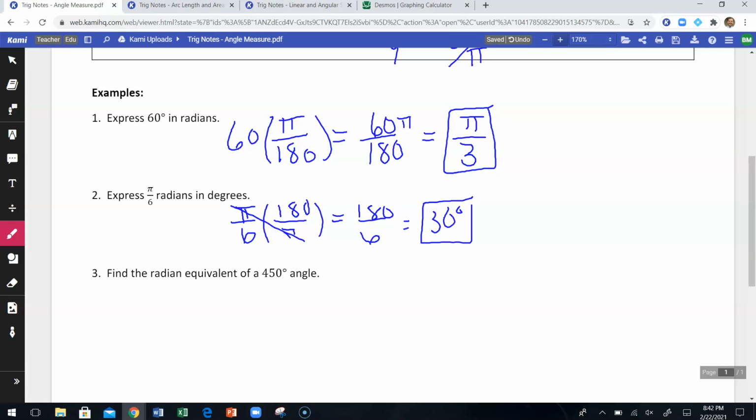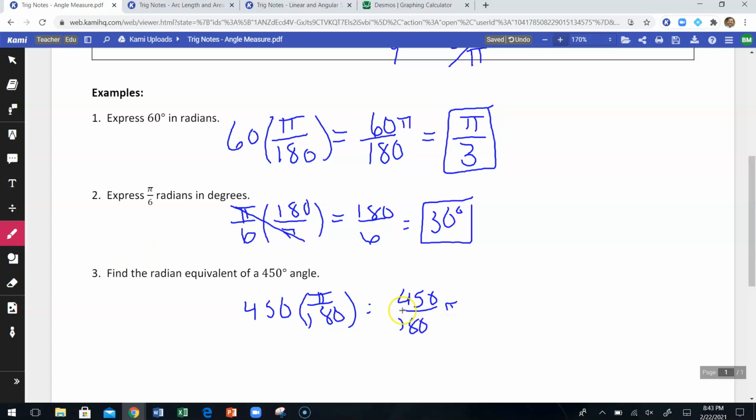And last one, find the radian equivalent to a 450 degree angle. So again, here I'm going to take 450 and multiply by pi over 180, which means I have 450 over 180 and then pi.